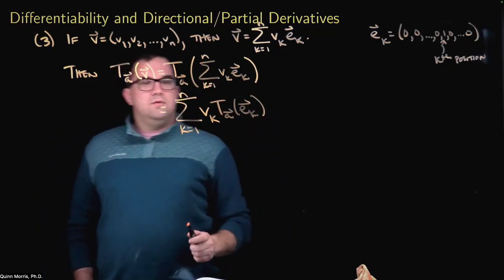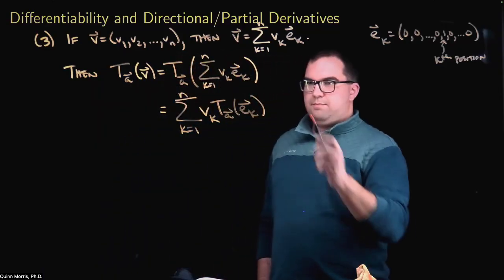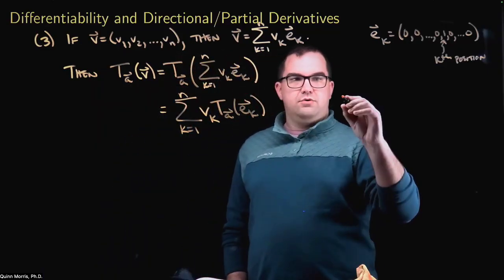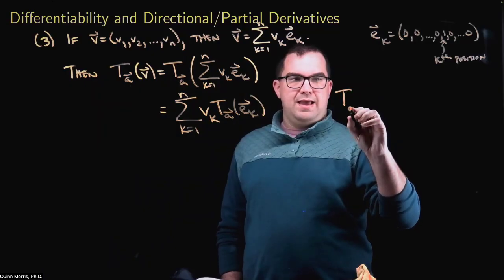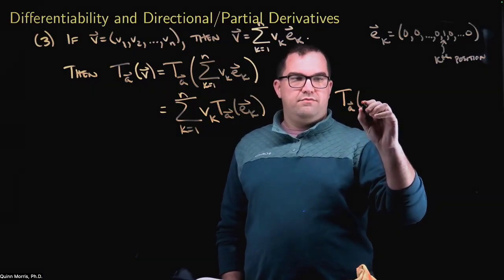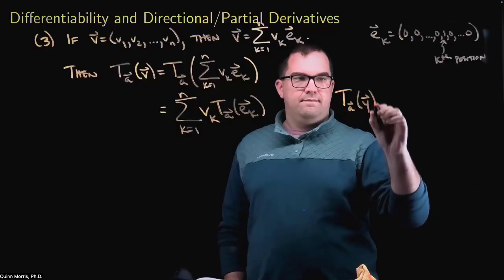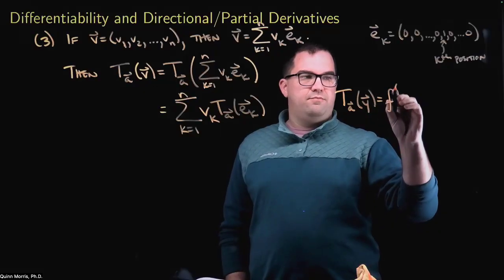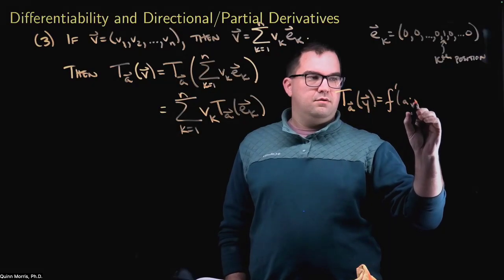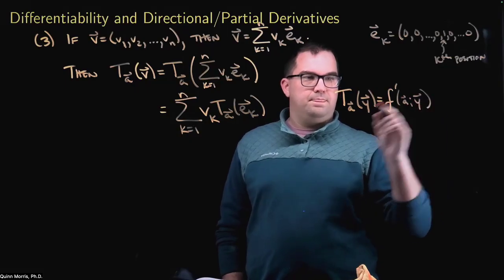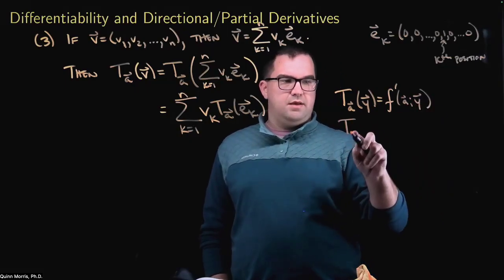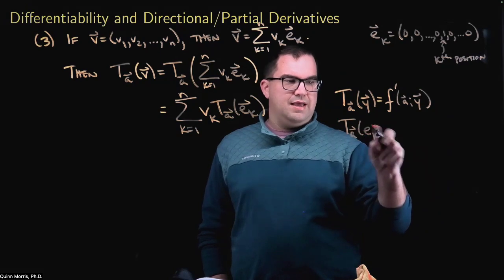So I get this. But now what did I previously show? In part 1, I showed that T sub A of y is just equal to f prime of A with respect to y. So what should T sub A of this vector EK be?